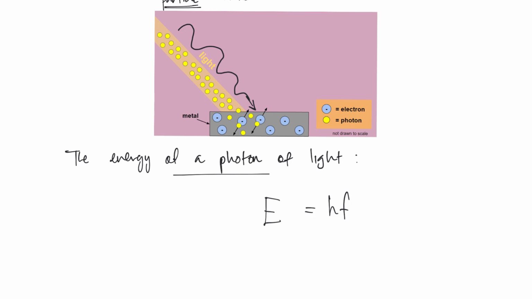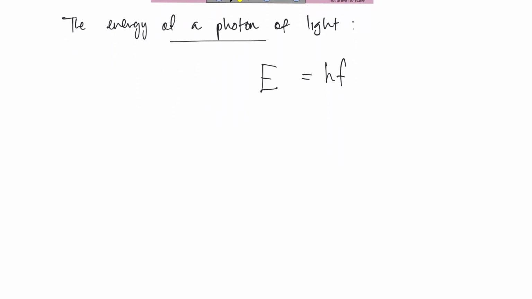All right, that's my equation. So this is for energy of a photon. This E stands for energy of a photon. The SI unit that we're going to use for energy is joules and it is a scalar quantity.